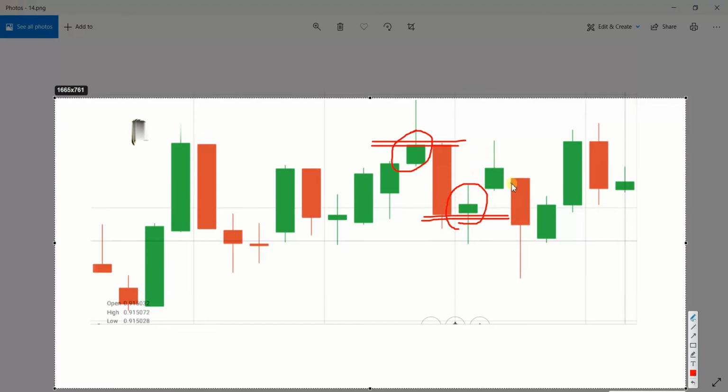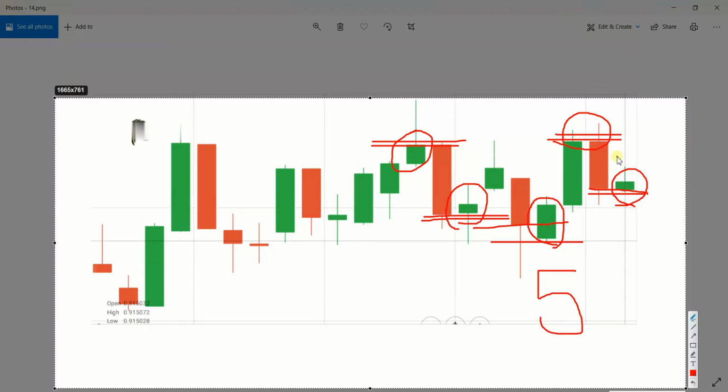Okay, here we wait. Here again we place another trade, 3 trades. Here we place another trade, 4 trades, and here we place another trade, 5 trades. So we placed 5 trades, and all the trades are winning trades, and you don't need more than 5 trades to reach your daily target, right?